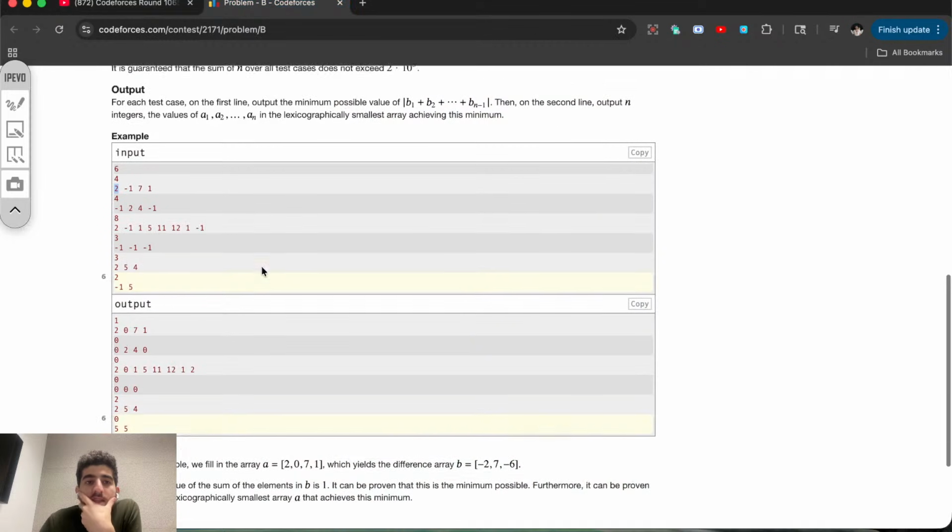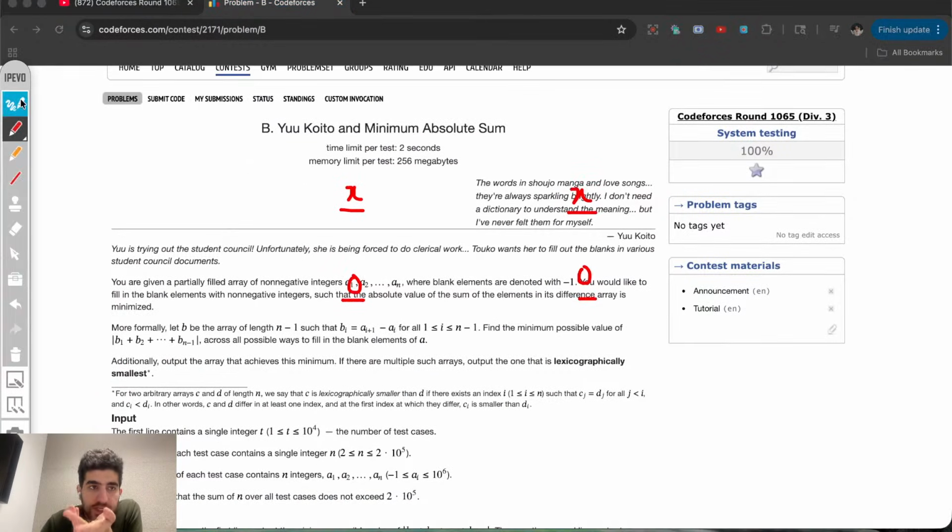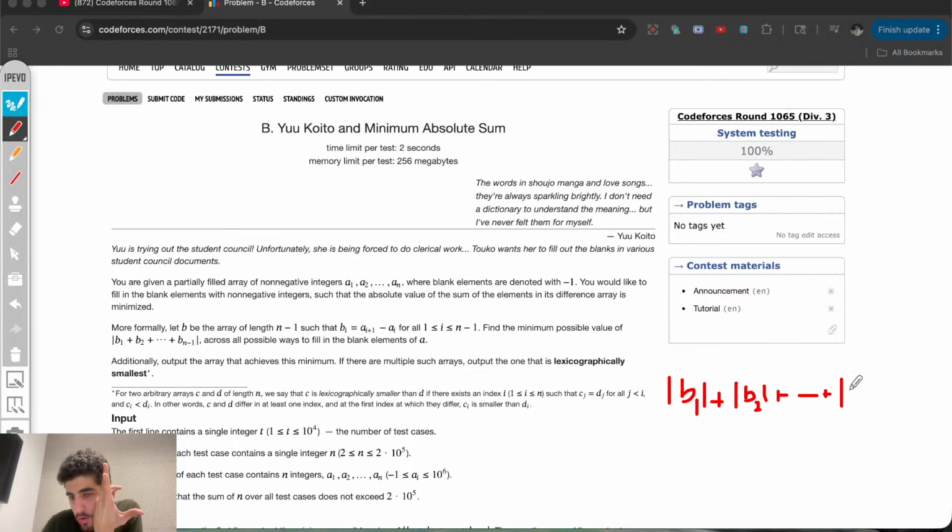Awesome. Now let me tell you about the version that I was saying was a bit harder, but still easily solvable. What if we had absolute value of b1 plus absolute value of b2 up to absolute value of bn minus 1? In this case, guys, the whole thing, as I said, was that if you have some x here and some y here, anything that is in between should be between x and y.